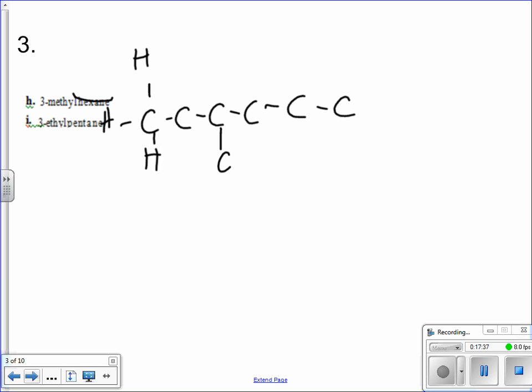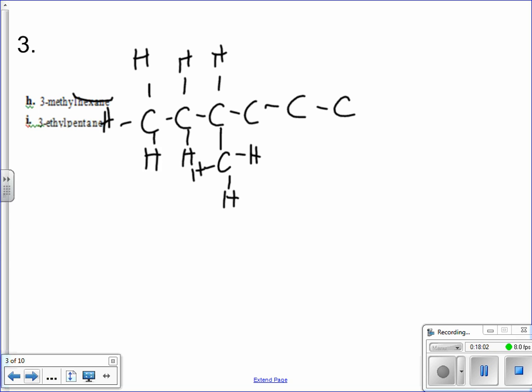The 2nd carbon, it's been bonded twice, once on the left, once on the right. So we need a hydrogen on top, hydrogen on bottom. The 3rd carbon has been bonded 3 times, so it only needs 1 hydrogen. Our methyl branch down at the bottom, it's only bonded once, so it needs 3 hydrogen.